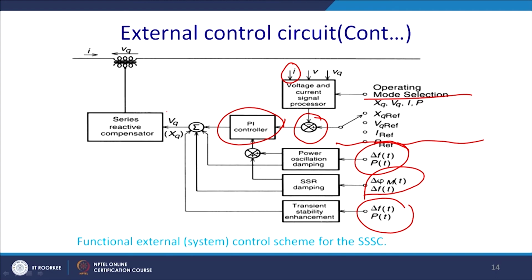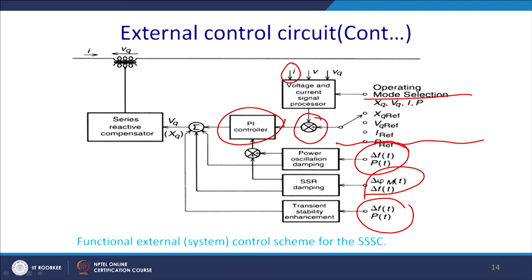And if there is a change in frequency, that means the power oscillation has to be damped out. From there you will feed this input, whether power in the system is oscillatory or constant, and also whether there is a variation of frequency or not.